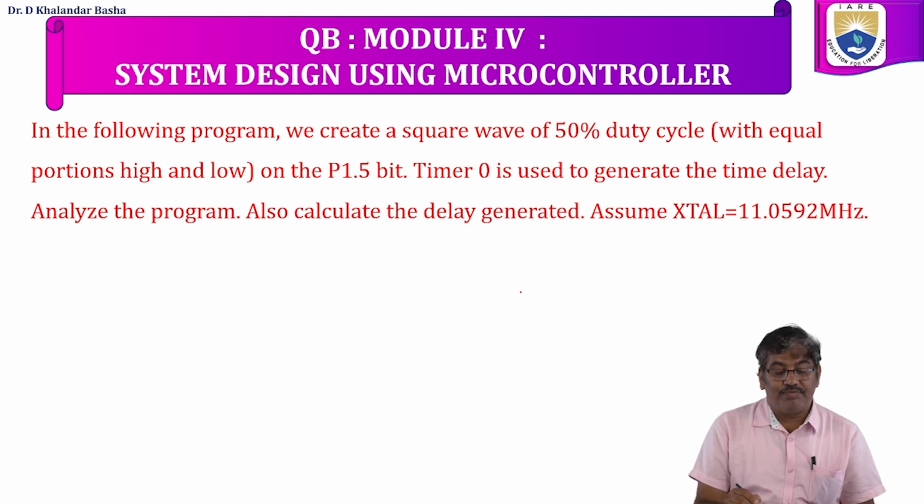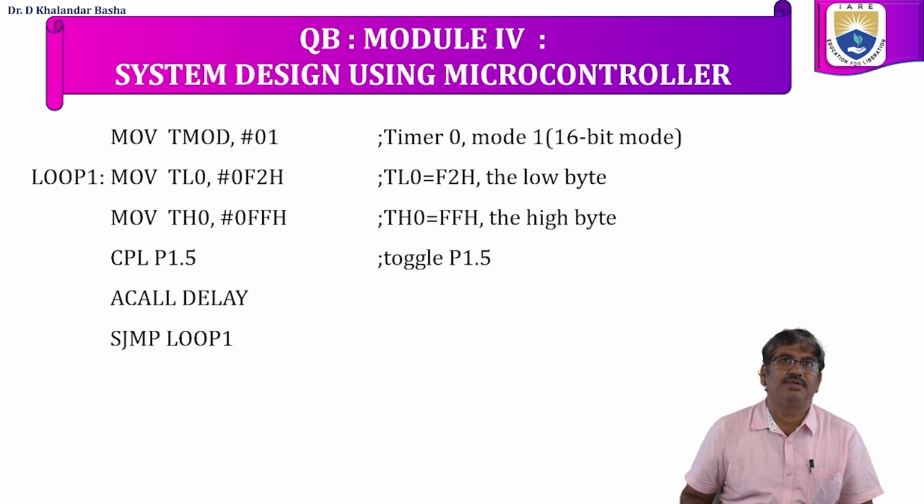In the following program, we create a square wave of 50% duty cycle, with equal portions of high and low because it is 50% duty cycle. On port 1.5 bit, timer 0 is used to generate the time delay. Assume the program, calculate the delay generated. Assume XTAL, that is the clock frequency, is equal to 11.0592 MHz.